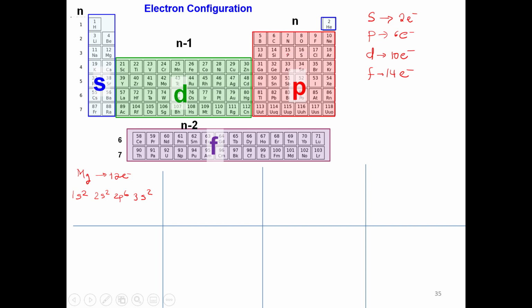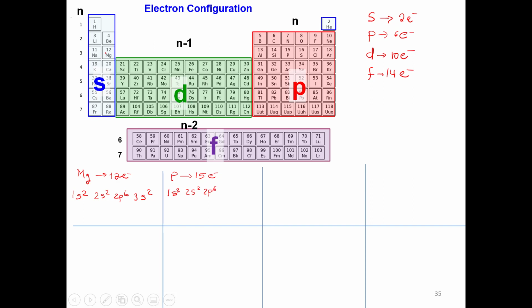Let's do now for phosphorus. Phosphorus, we had 15 electrons and is located here. Then let's try to write the electron configuration. Then the other shells are completed. Let's start here. 1s2 is completed. Move to the next is 2s2, also completed. Move to the right is 2p6, completed also.